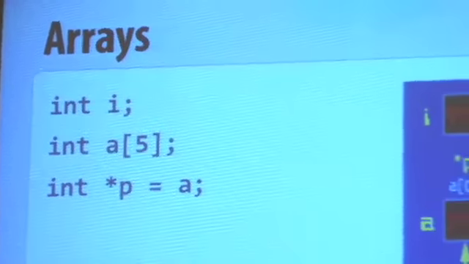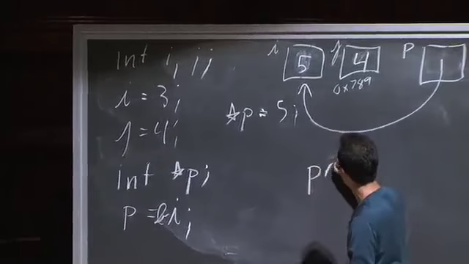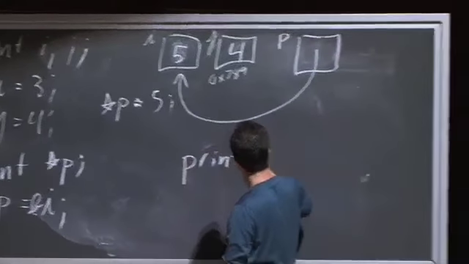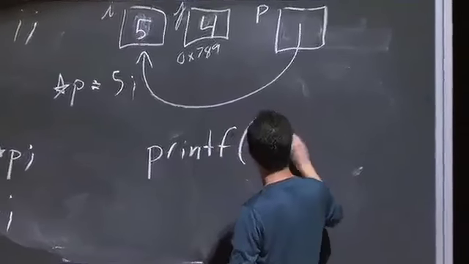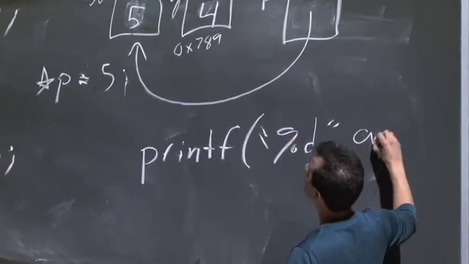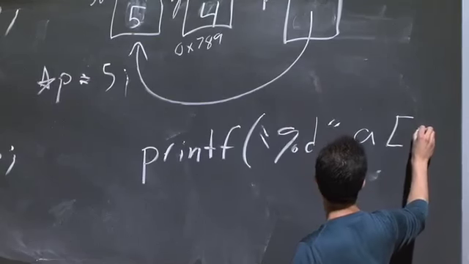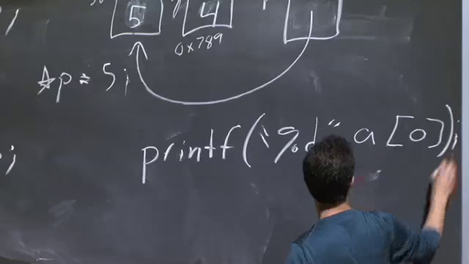Which means if I then proceed to do this, let me write one line of code on the fly with respect to this bunch of code. If I say printf, quote unquote, %d, and then a bracket 0, let's say, it would have helped if they gave us some values. OK, not the best example.